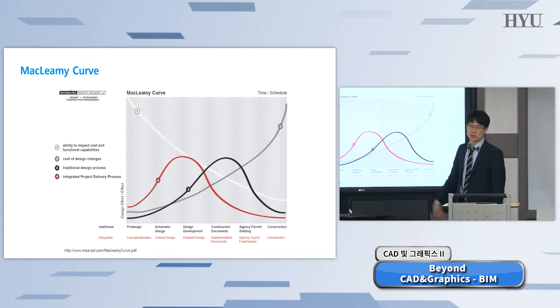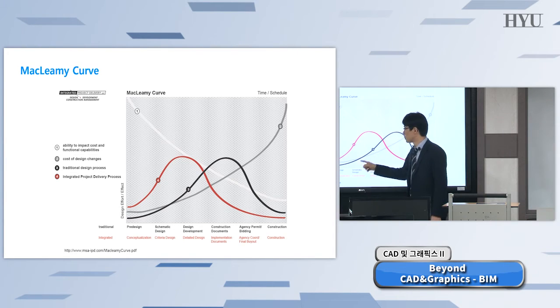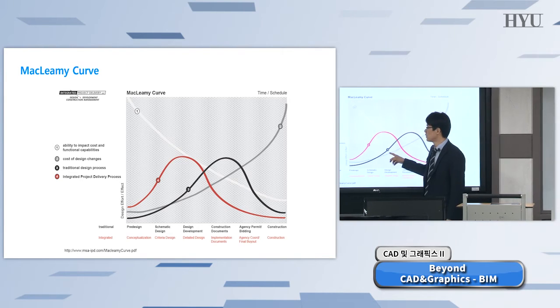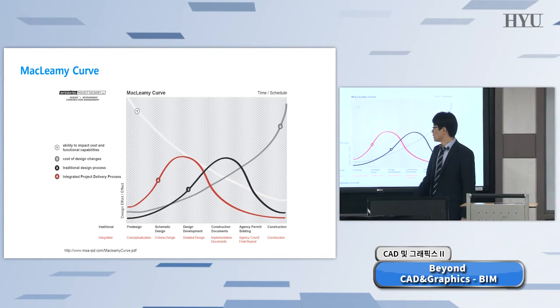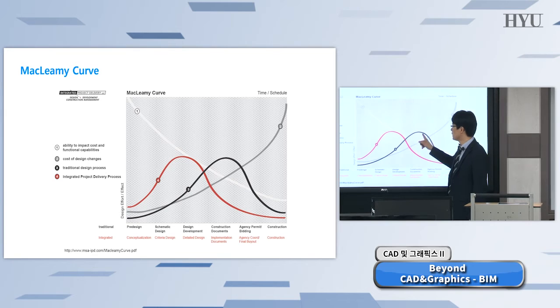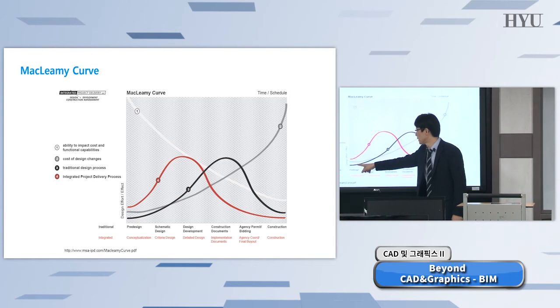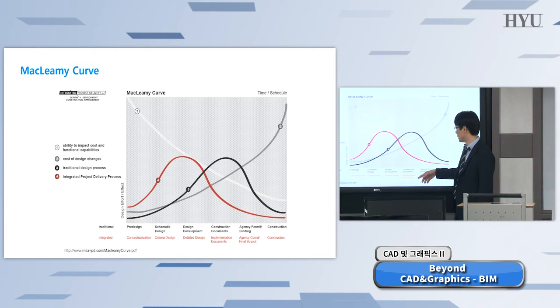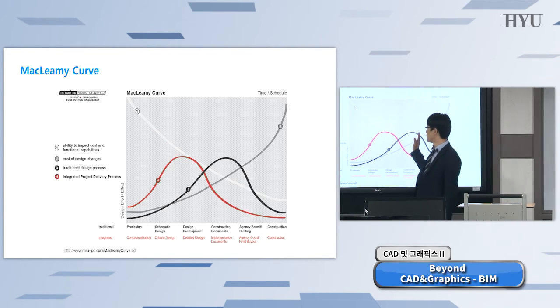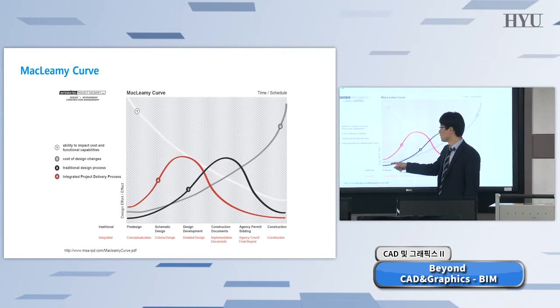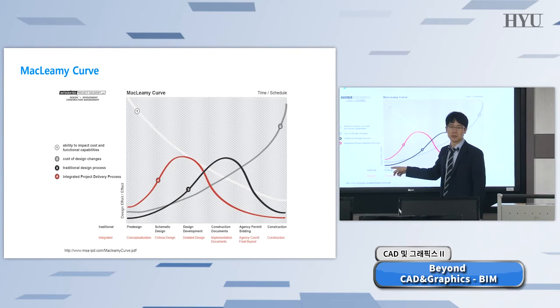Waste, okay? Take a look at this black line, number 3, the traditional design process. The collection of design effort and design effect is going to be built in the construction document phase. What if we can make this happen earlier? Number 4 is ideal.